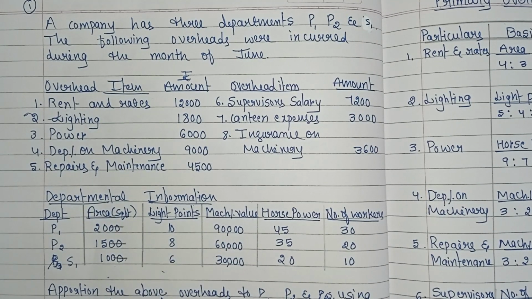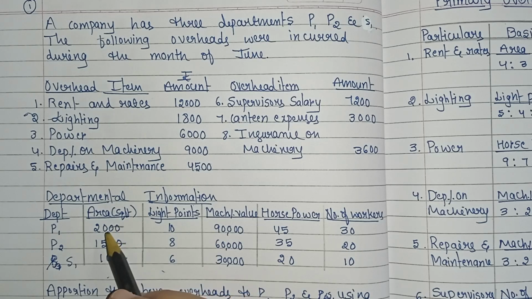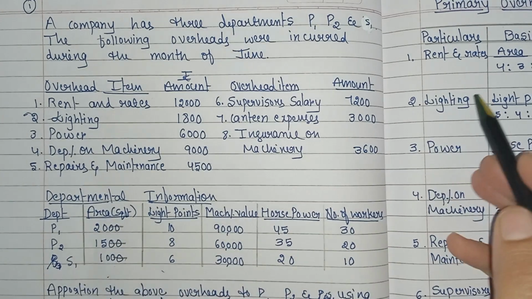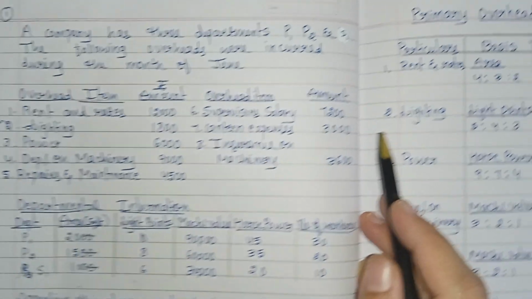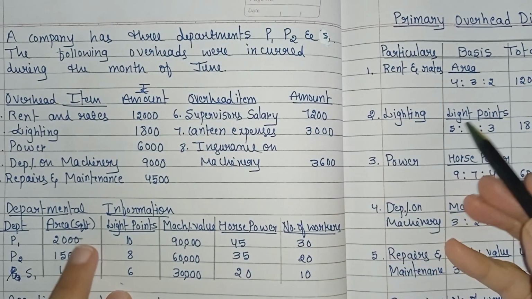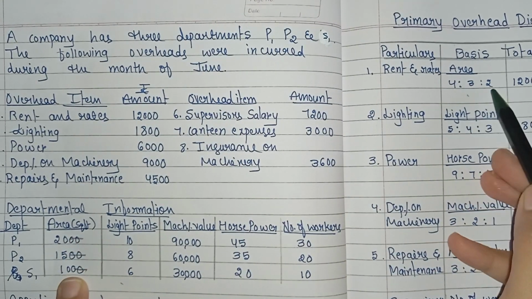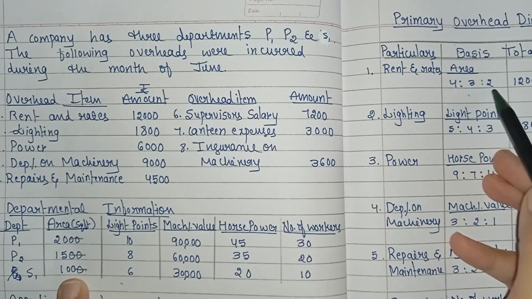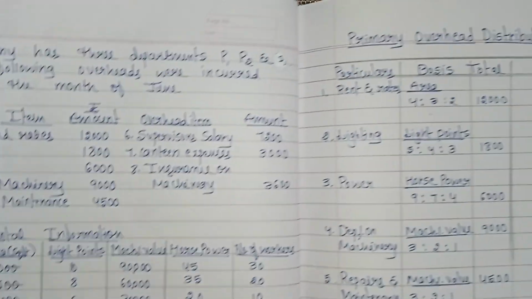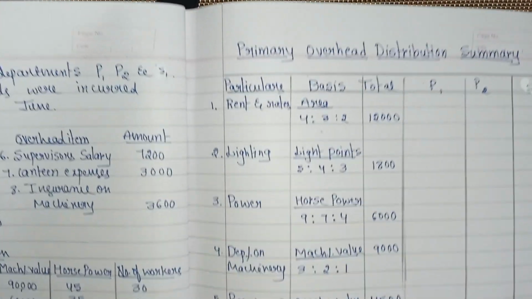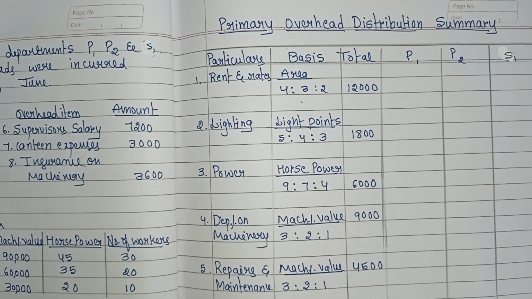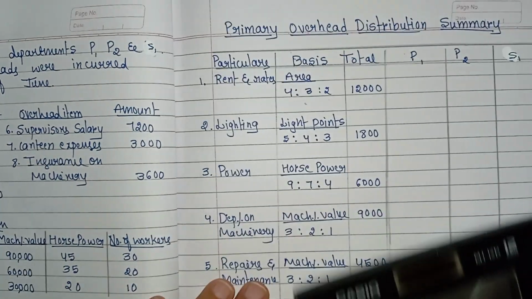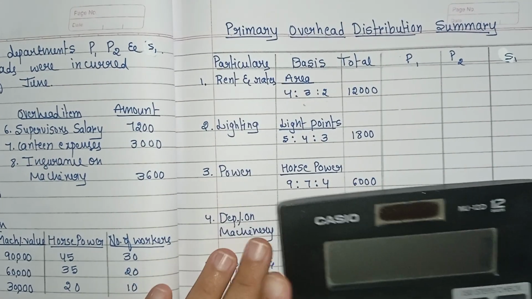Now divide by which number? 5. 5 4s are 20, 5 3s are 15 and 5 2s are 10. Right? So our ratio is 4:3:2. Now rent and rates amount to rupees 12,000.